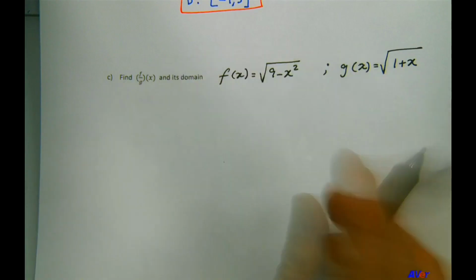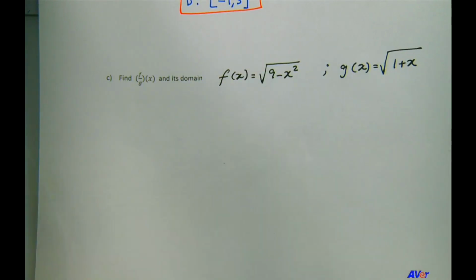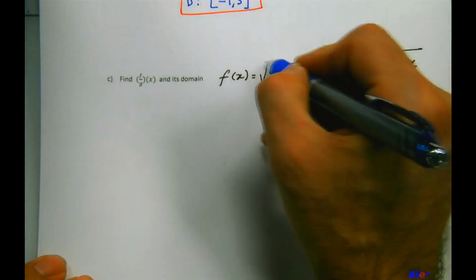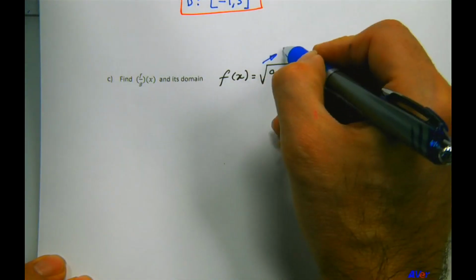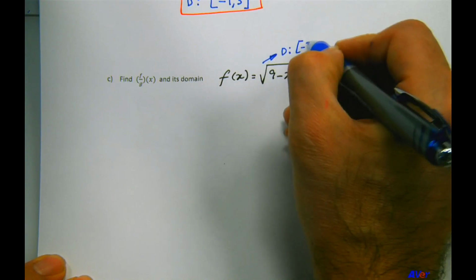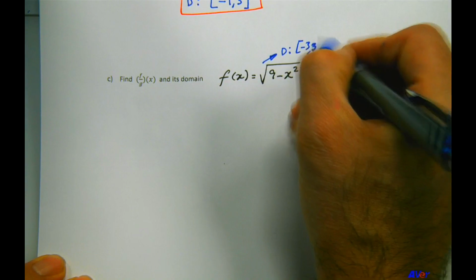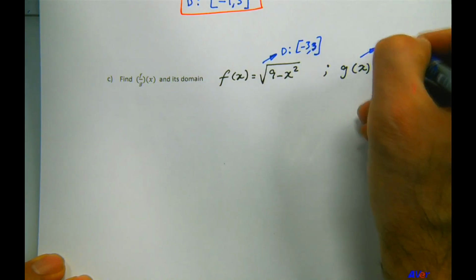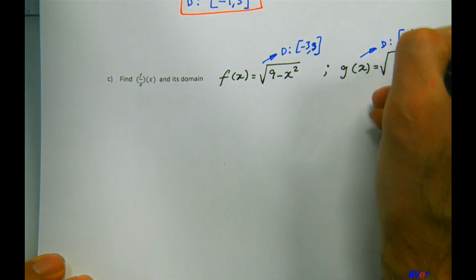Okay, so given these two functions, we already know that the domain of this function, we already figured this out for part A, is -3 to 3. The domain of this parent function is bracket -1 to infinity.